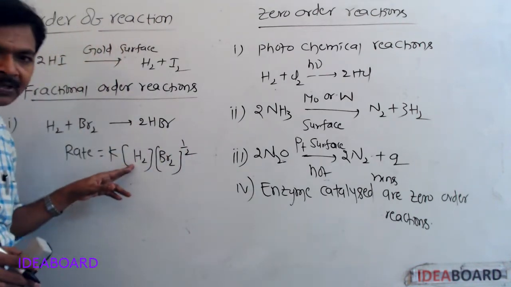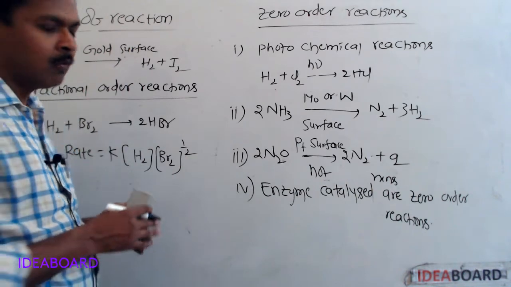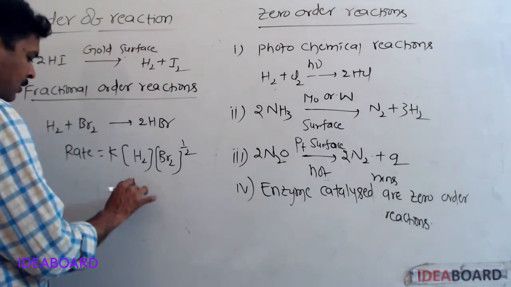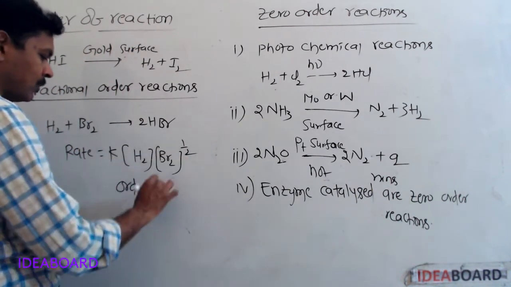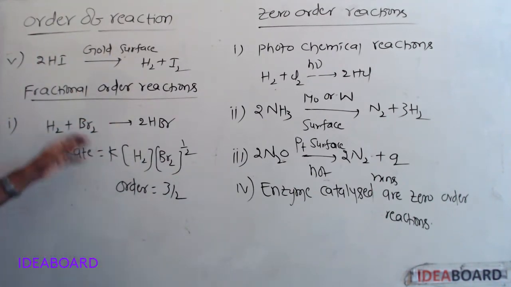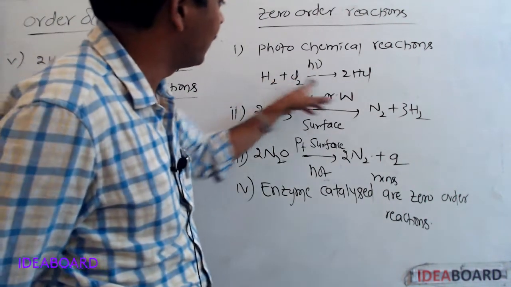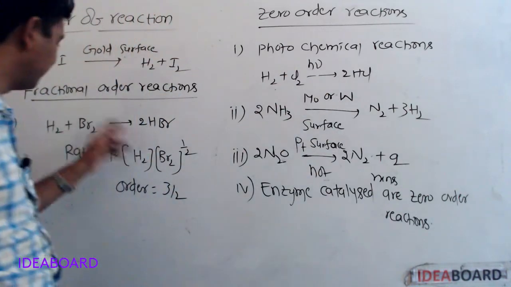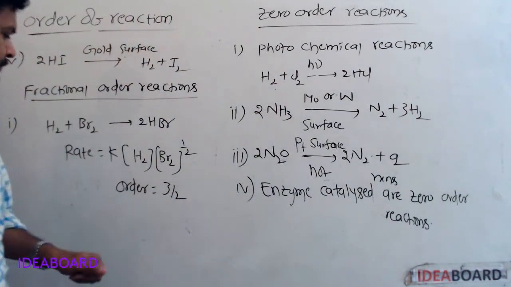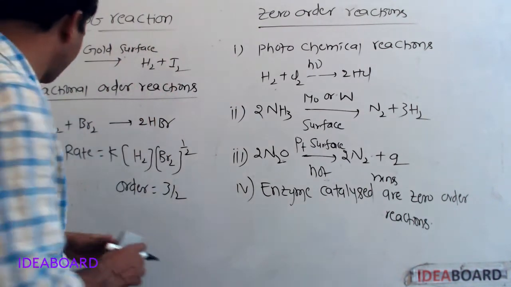So here order with respect to hydrogen is 1, order with respect to bromine is 1 by 2. So overall order of reaction is 1 plus 1 by 2, 3 by 2. See, this is similar to the HI reaction, but that follows zero order kinetics, while this follows 3 by 2 order. So directly by seeing the equation, we cannot write the rate equation.